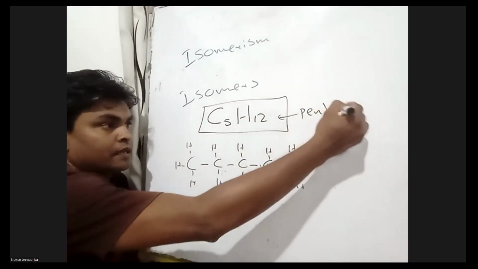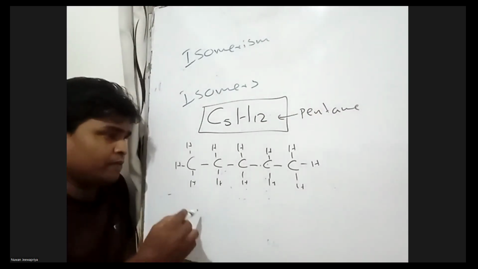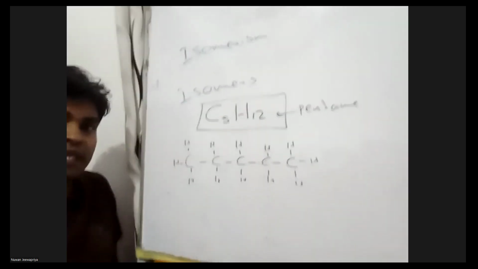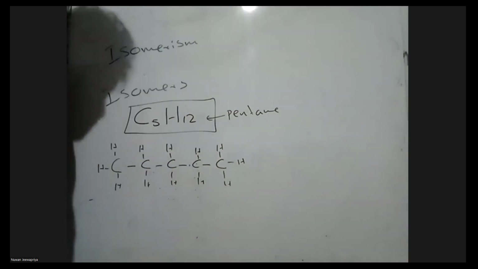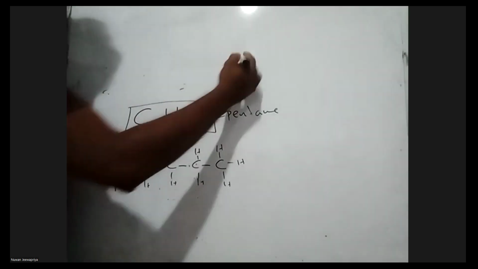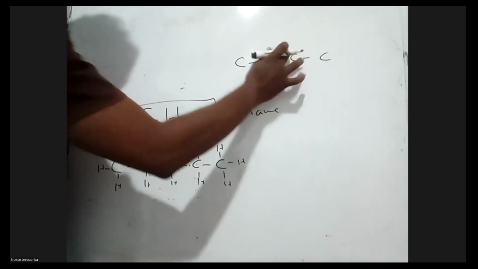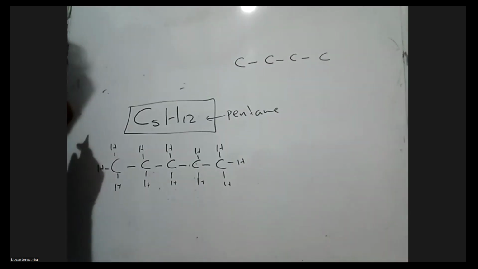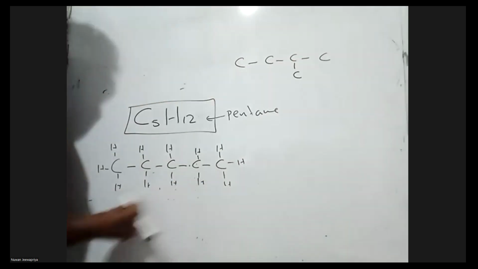Then I can draw another isomer of pentane. This time I arrange the 5 carbon atoms with 4 in a chain and 1 as a branch.